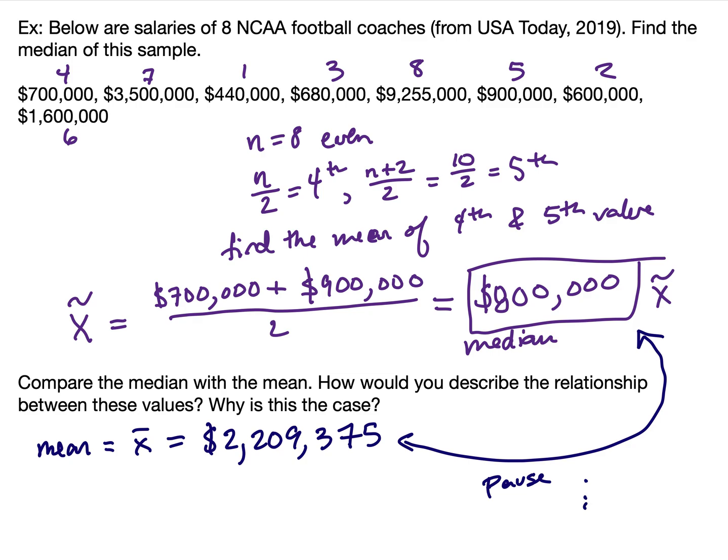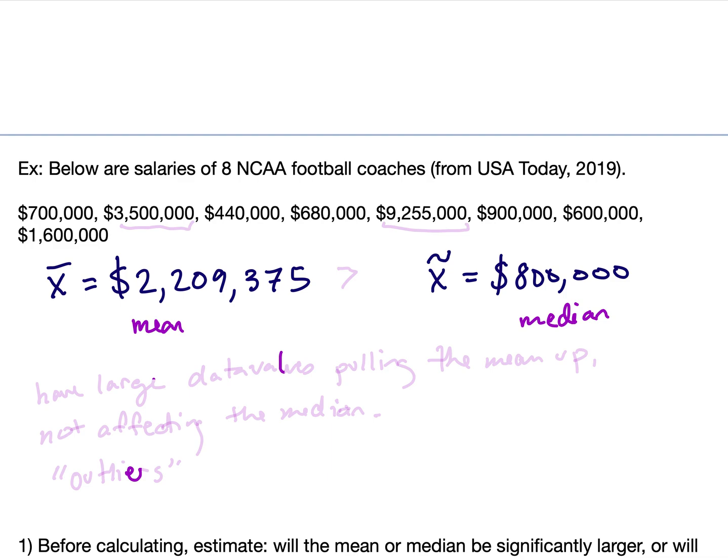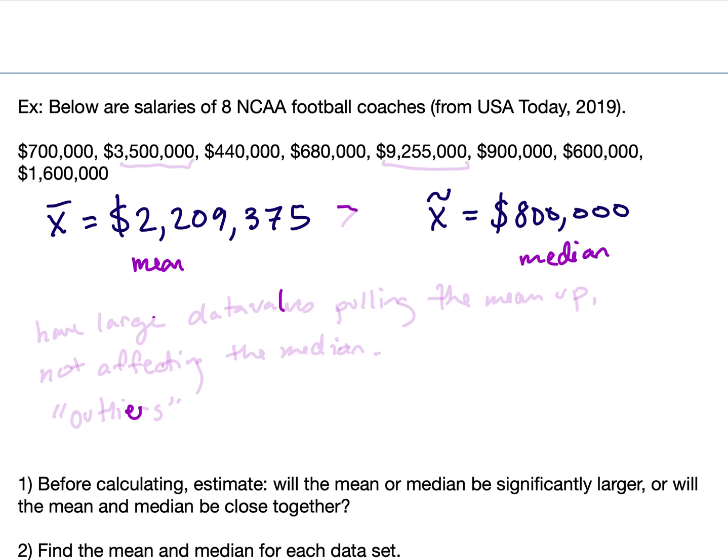Okay, so we're comparing the mean of these football coach salaries to the median. Our mean was $2,209,375. The median is $800,000, and I would say the most glaring difference here is that the mean is much greater than the median, so it's a much larger number. Why is that true?